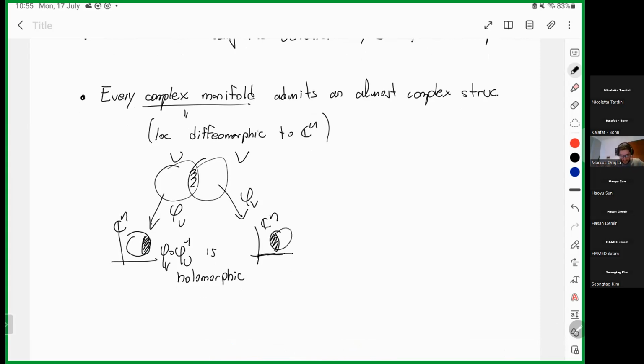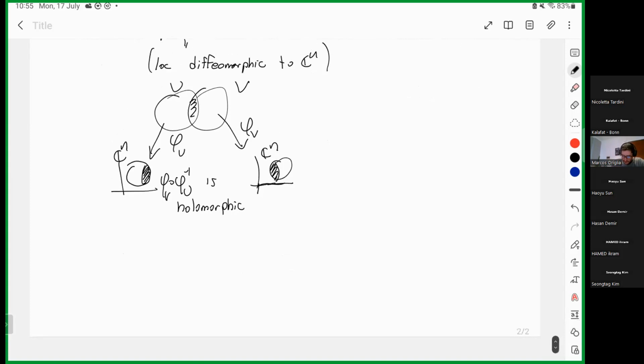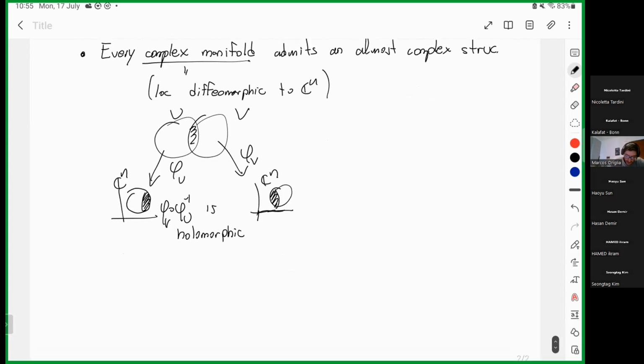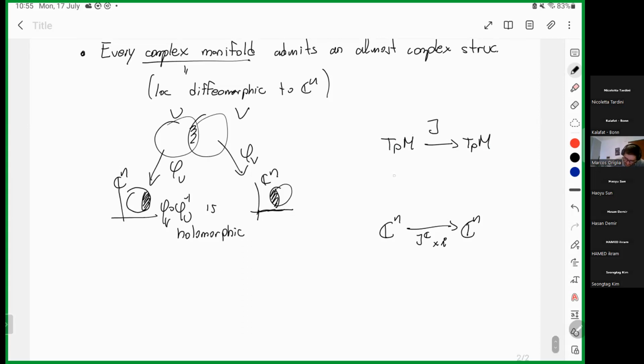Okay, so every complex manifold admits one of these structures, and I think you can imagine how we will construct it. The idea is, we know how to do it in C^n. Here we have the complex structure of C^n, so it's just the multiplication by i. So we need to define something in our complex manifold, the J we need to define here. We can use the maps we have, right?